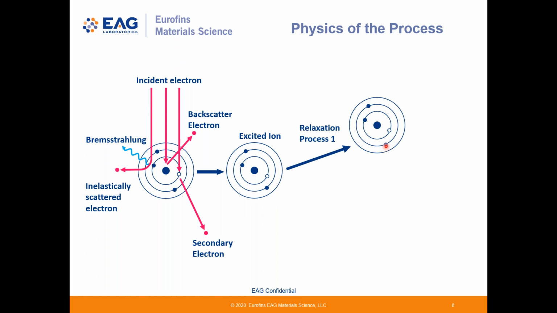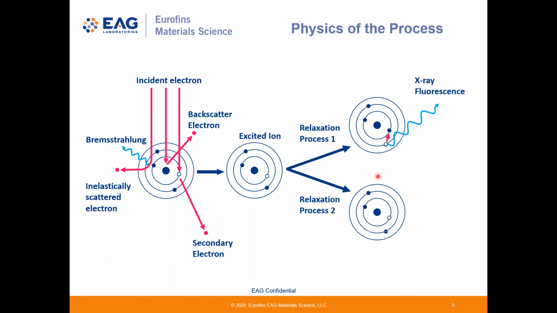An electron can drop down from a higher level to this lower vacant level, but the energy difference is imparted to an X-ray photon, and this is the basis for EDS. But what every Auger analyst likes to see is relaxation process number 2, where again, an electron will drop down to the lower level, but this time the energy difference is used to eject a third electron, which is called the Auger electron.